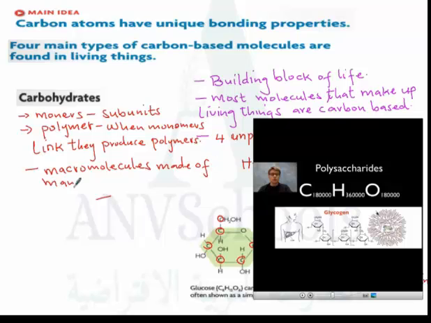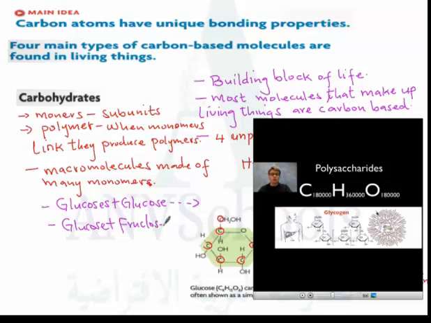All of the monomers in a polymer may be of the same kind, for example glucose, and so forth, or they may be of different kinds, like glucose plus fructose, and so forth, so that in the first instance this will make one structure, but as we progress, it makes another structure.